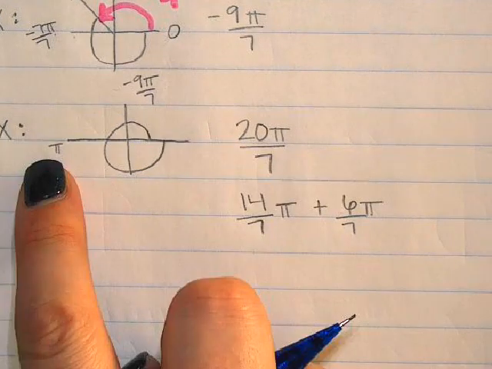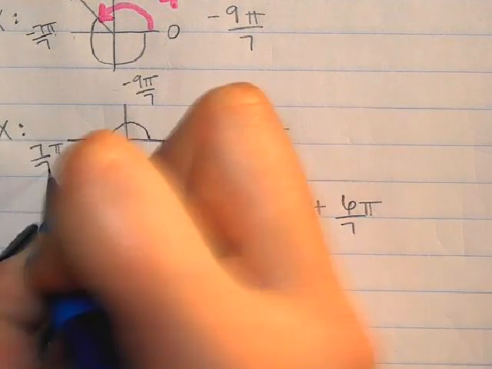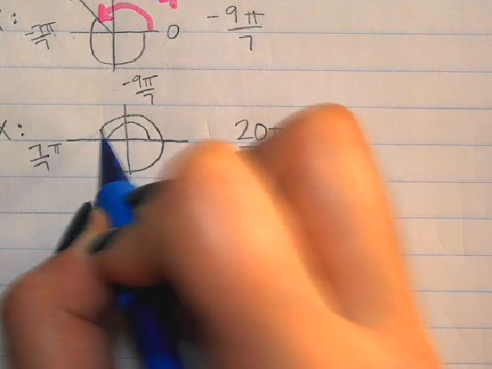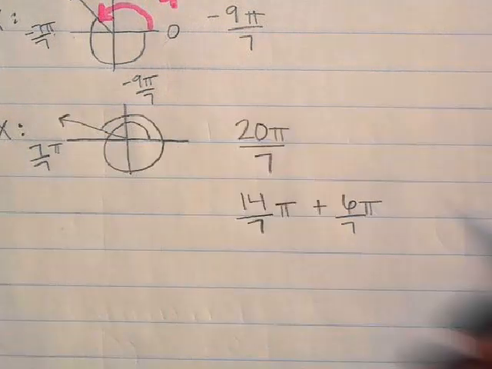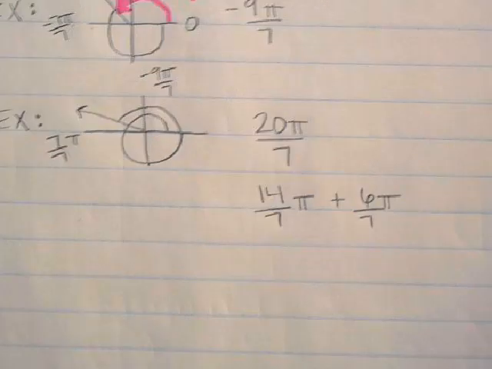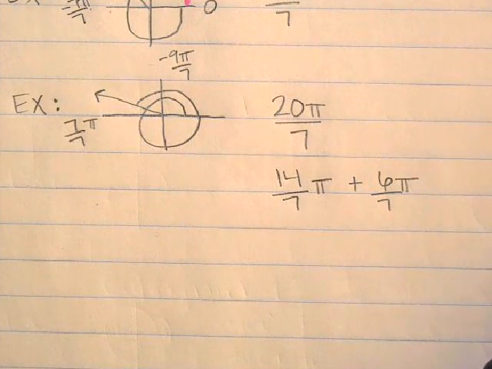How many sevenths is this right here? 7 sevenths. So we just drew 14 sevenths, and now to get 6 sevenths, we're going to go almost there, but not quite. Okay. How was that?